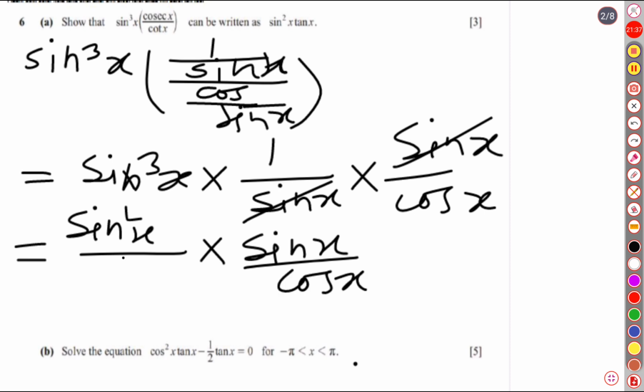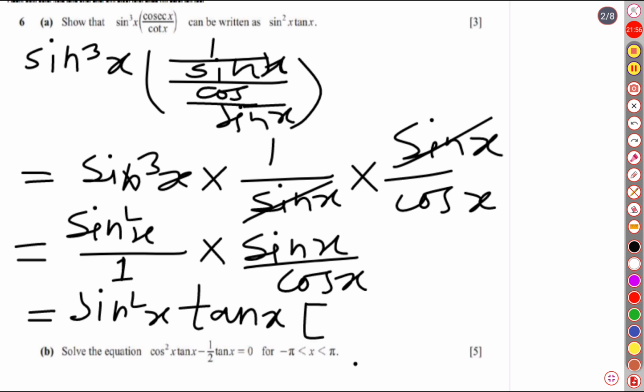Here we can write 1 as there is nothing, so it is going to be sine square x, and sine over cos we know it is tan x, and they have told us to show that the result is sine square x into tan x, so we have shown.